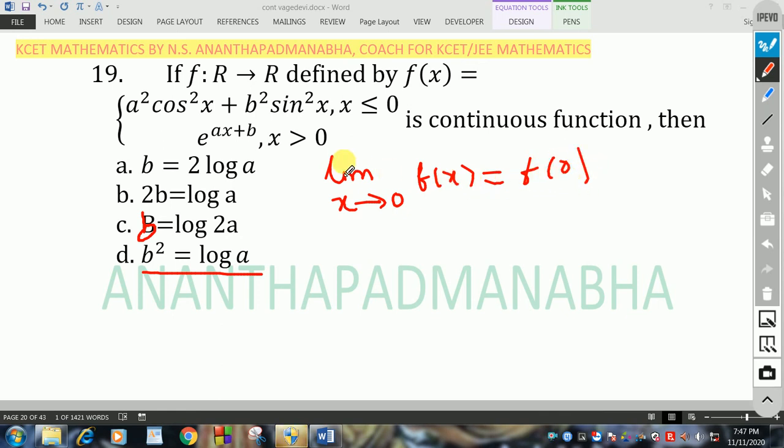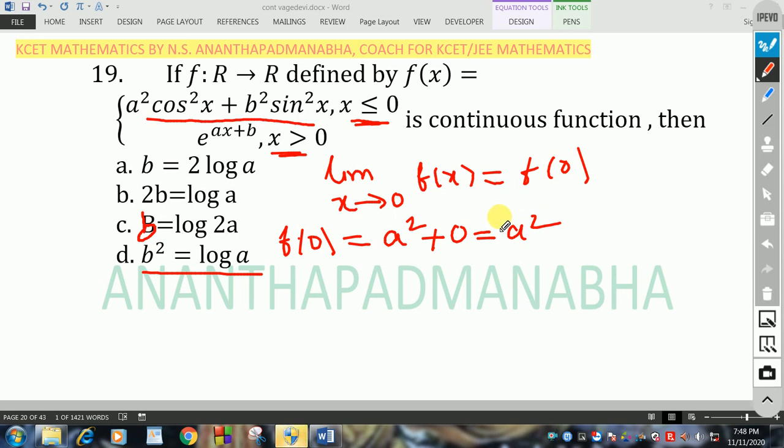Now I have to consider 2 limits, left hand limit and right hand limit, because I have one value for x less than 0, another for x greater than 0, and at x equal to 0 this is the value. f of 0 will be, cos 0 is 1, so I get a square, and sin 0 is 0. So f of 0 is equal to a square.